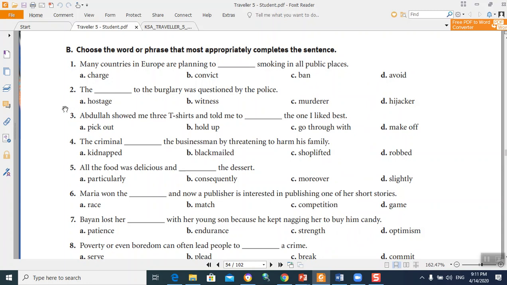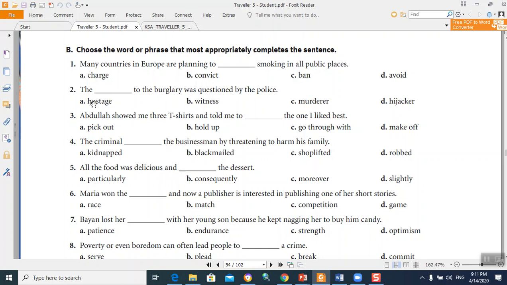Okay, number 2. The witness to the burglary was questioned by the police. Burglary, سرقة, usually happens at night in the houses, and usually it is not armed robbery.